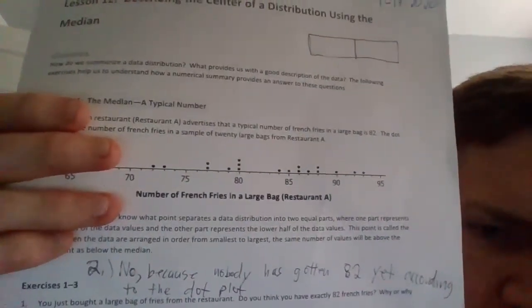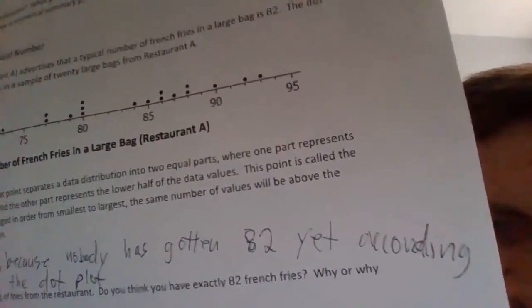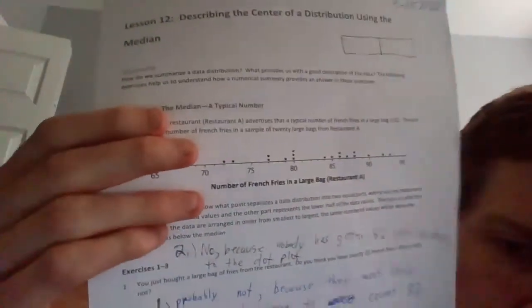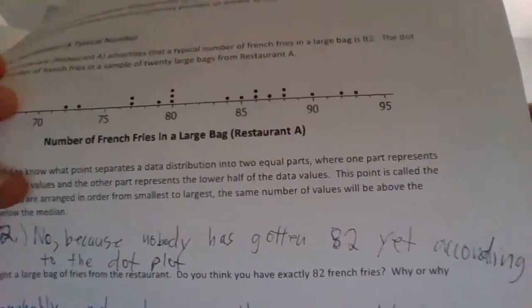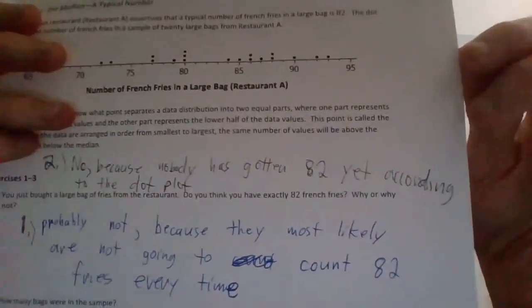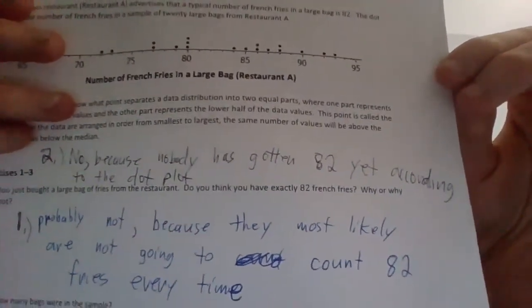No, because nobody has gotten 82 fries yet, according to the dot plot. So there's my answer there. So there's that first question. All right, and feel free to pause if you need to catch up on that. And again, my apologies for the handwriting there.